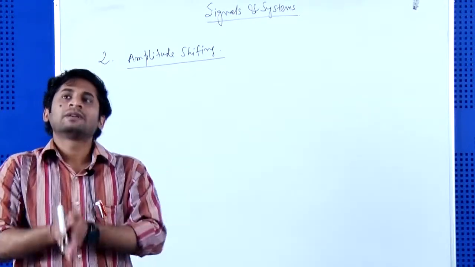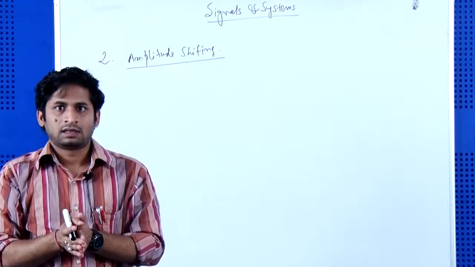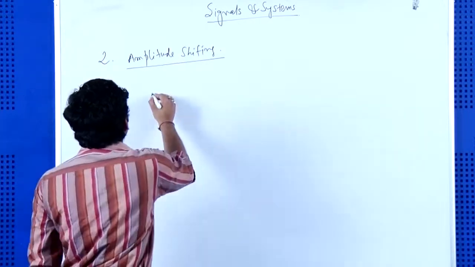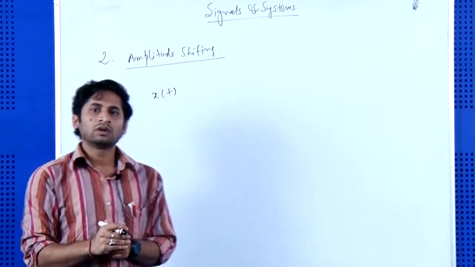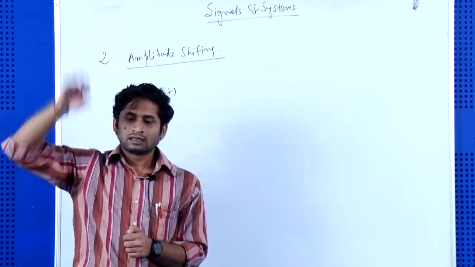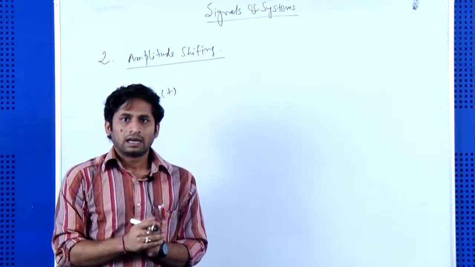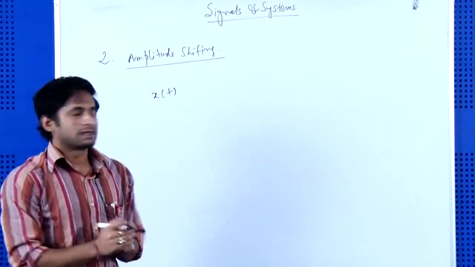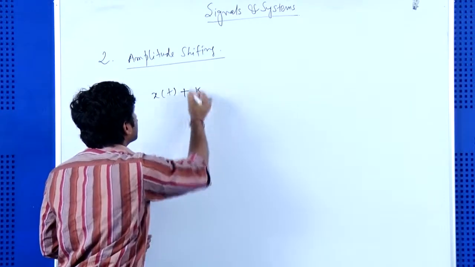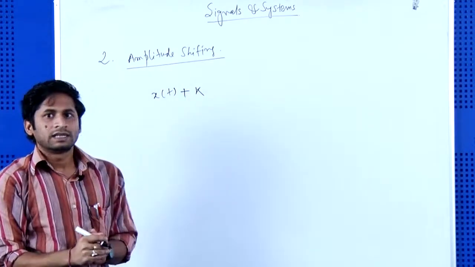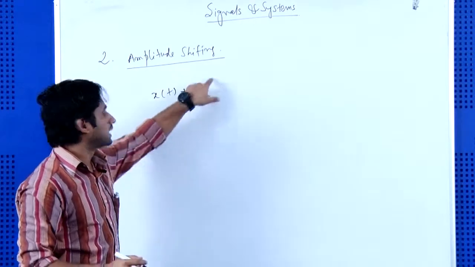Now, we want to shift in the amplitude axis. Let x(t) be any given continuous time signal, and we want to shift it towards the amplitude axis. If there is a shift in the amplitude axis, the shifting parameter is k. It is represented as x(t) + k.